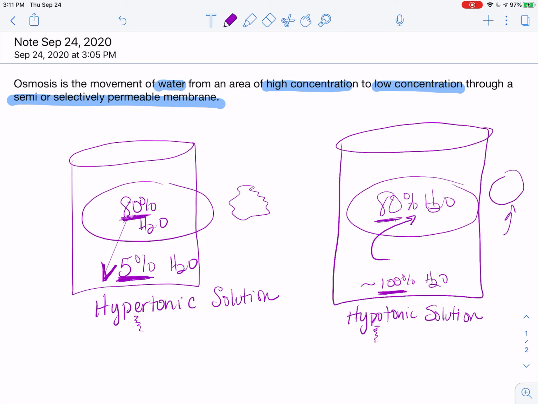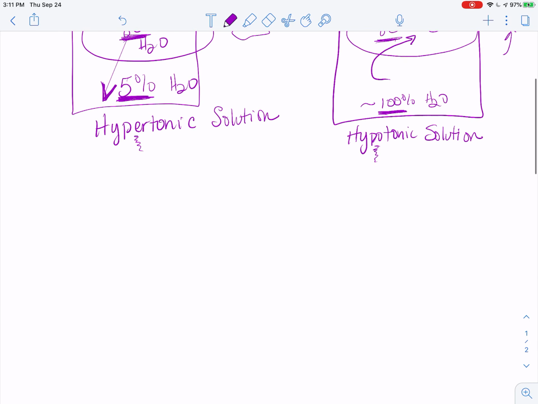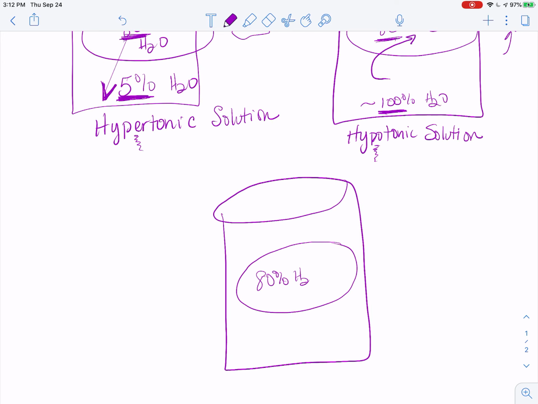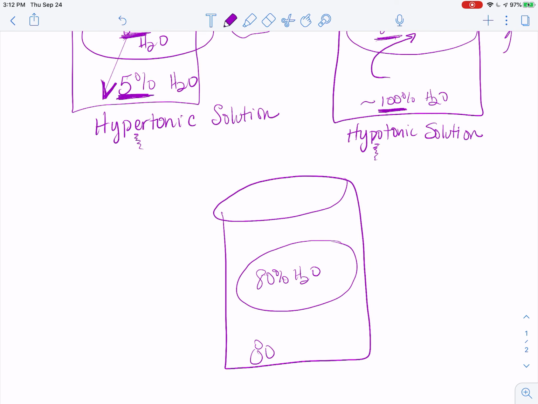The third type that we're going to look at is, we still have 80% water inside that cell. And now we've got 80% water outside that cell. So we've got 80% here, 80% here.